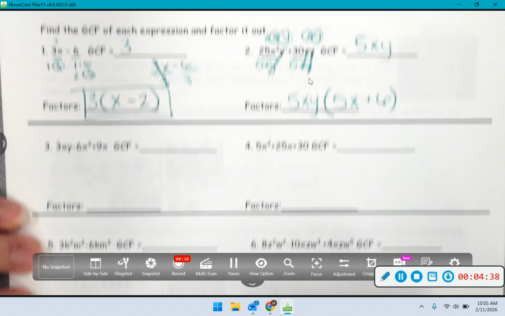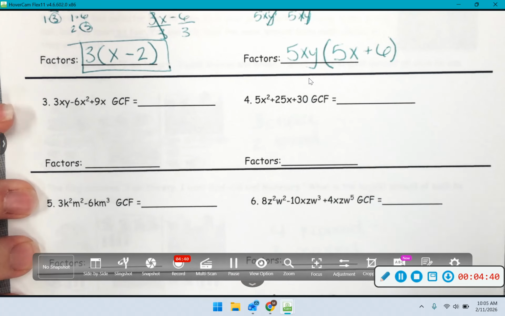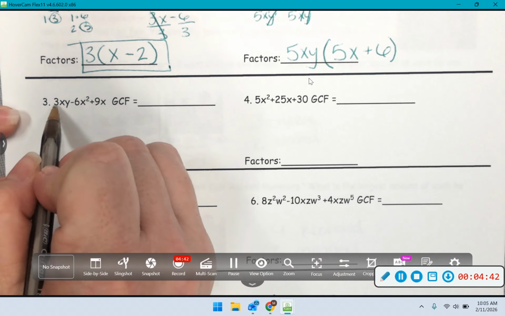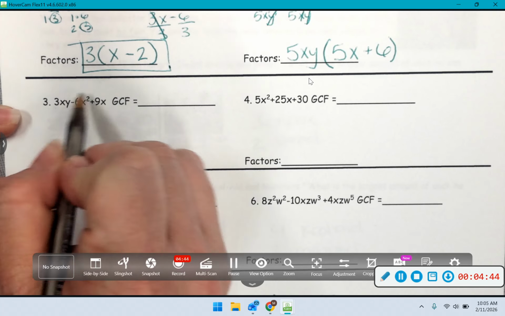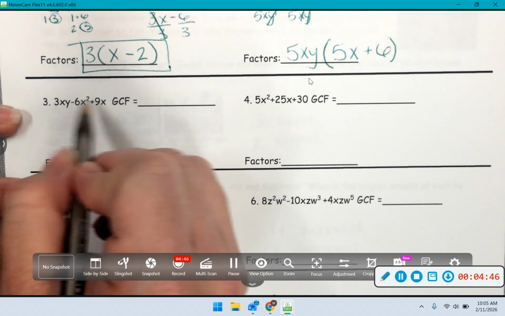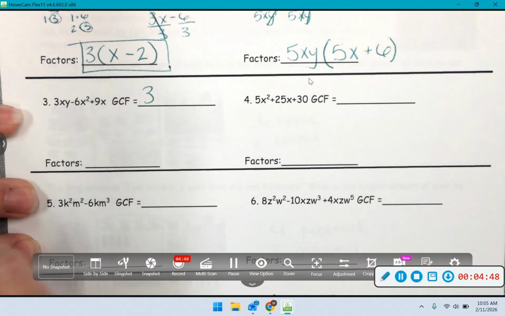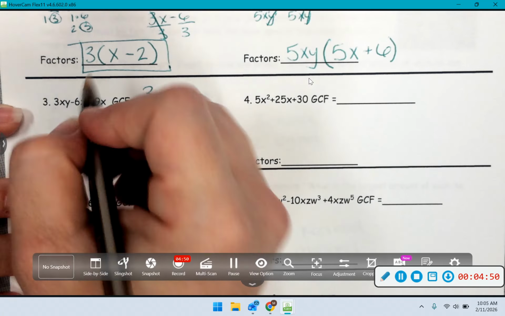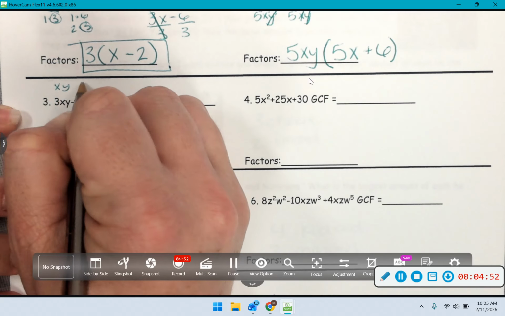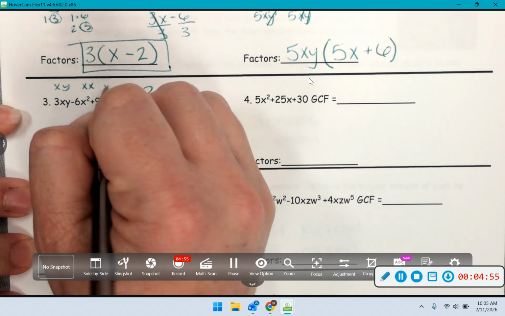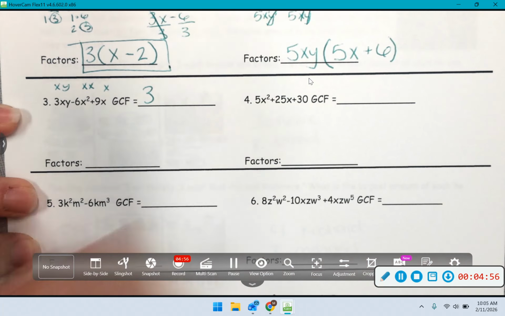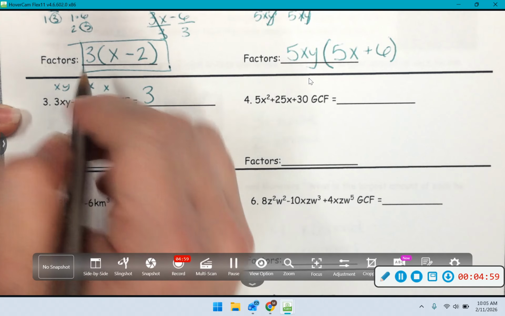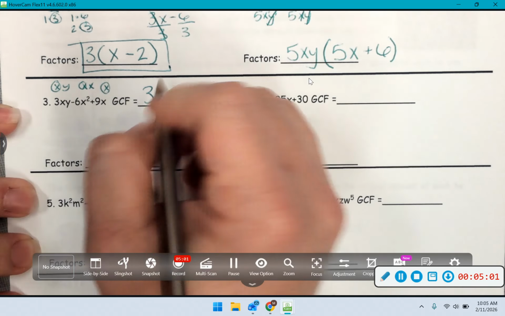Okay. Look at number 3. Again, we could use our calculator, but I also like to start with my smallest number. Does 3 go into 6 and 9? It is a factor of 6 and 9, so 3 is my GCF. Here I have xy, here I have x squared, and here I just have x. Well, they don't all have a y, so I cannot take a y out, but I could take 1x from each of them.